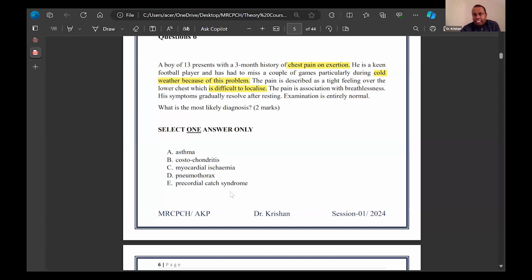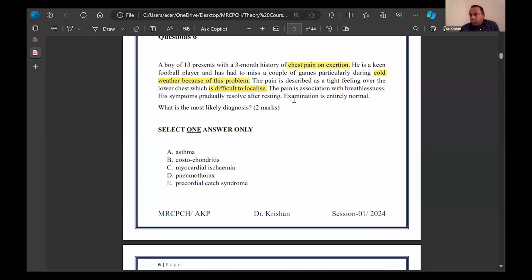It can't be precordial catch syndrome because that can't have a seasonal variation, and that usually doesn't exacerbate with exercise. Pneumothorax, again, is unlikely to persist for 3 months. Plus, if it was pneumothorax, we expect the child to have abnormal features on examination.